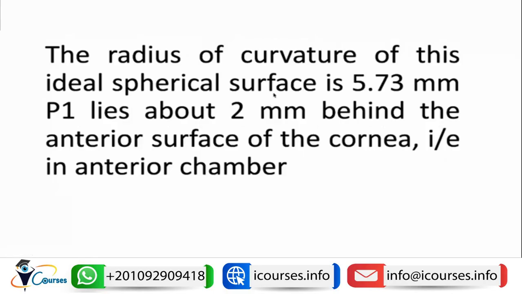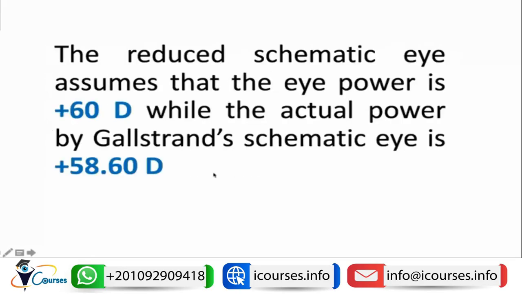The radius of curvature of this single refracting element will be 5.7 millimeters, which is not the radius of curvature of either the cornea or the lens in the theoretical eye. The principal point lies about 2 millimeters behind the anterior corneal surface in the anterior chamber.